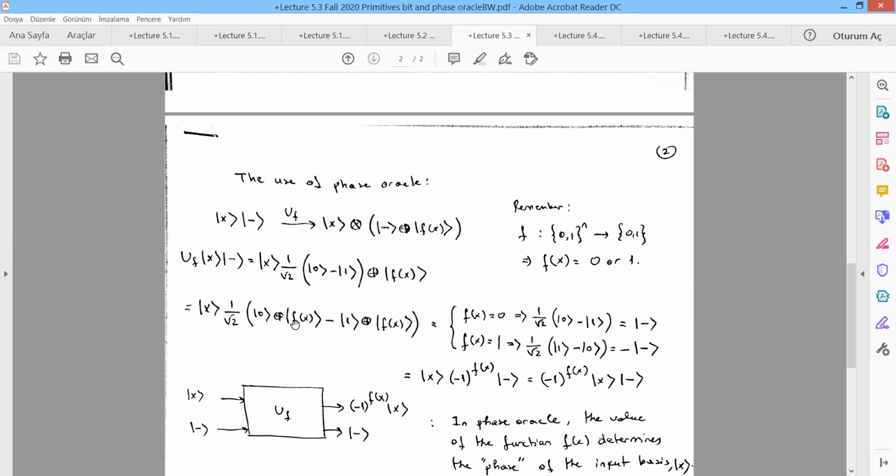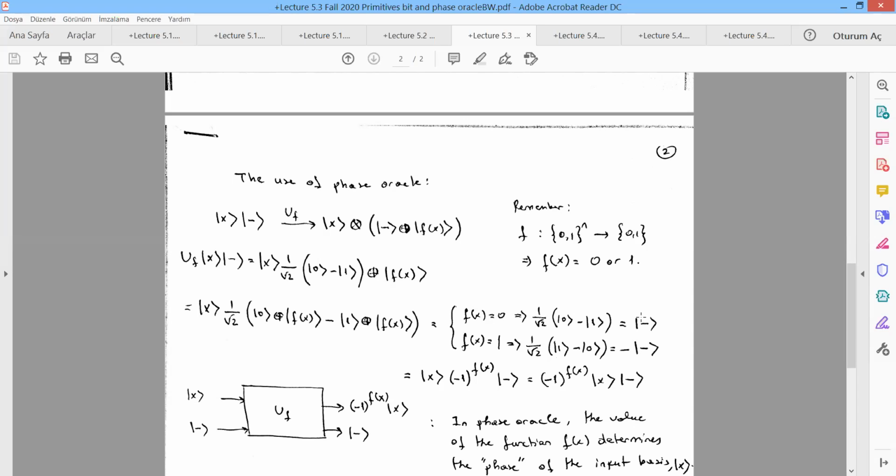This equation over here. So if f(x) is 0, we have 1 over square root of 2 in the output as |0⟩ and |1⟩. This is just the |−⟩ state. So if the circuit happens to compute f(x) to be 0, then in the output we have the |−⟩ state.